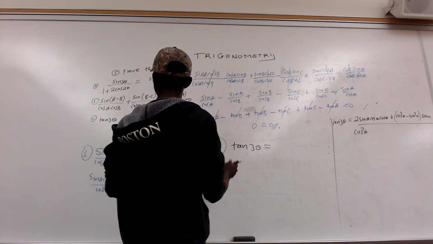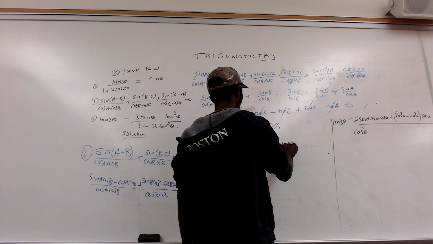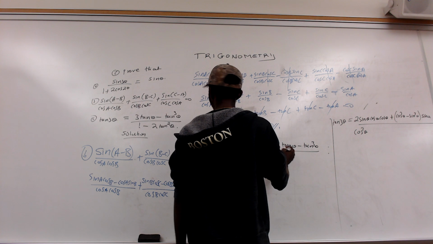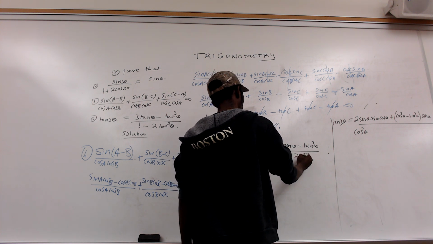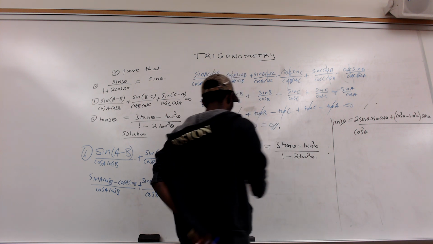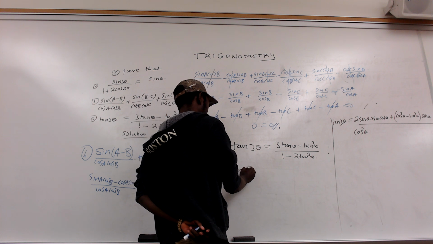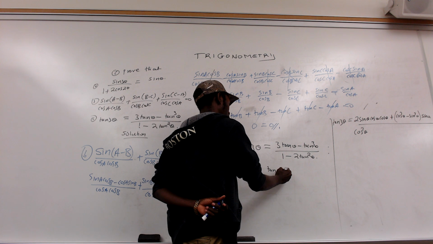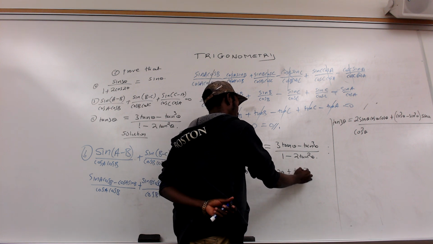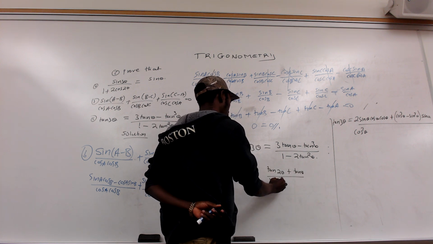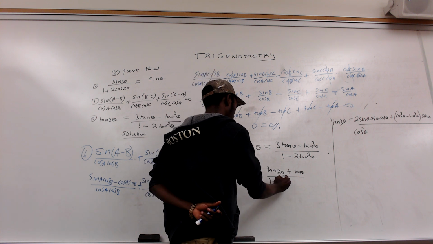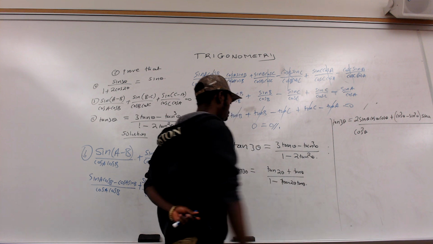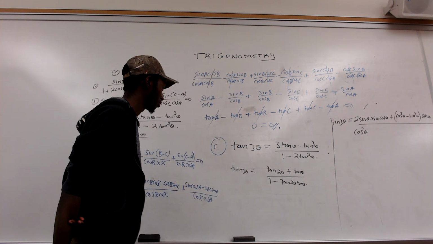Tan 3 theta is going to be 3 tan theta minus tan cube theta all over 1 minus 3 tan square theta. We can say tan 3 theta is tan 2 theta plus tan theta divided by 1 minus tan 2 theta tan theta. I think this one makes sense. Let's see.